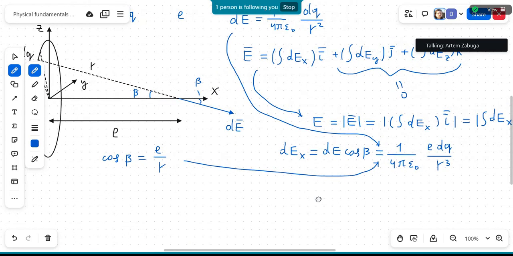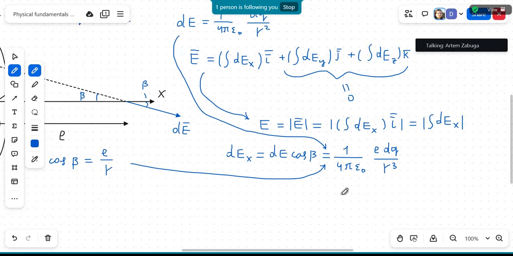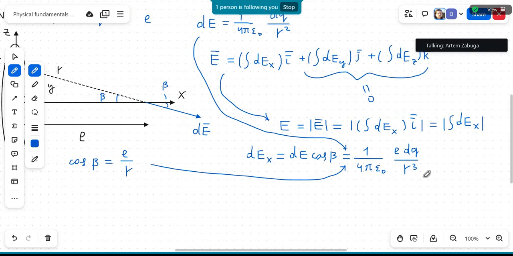Okay, if there are no questions, before we proceed, we have to find one more value. We have to find this distance R. And how can we do this?